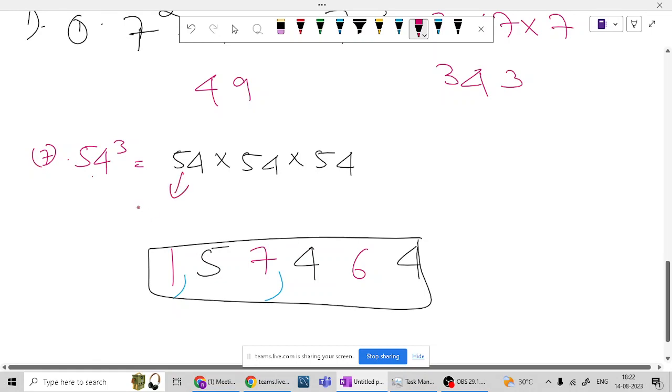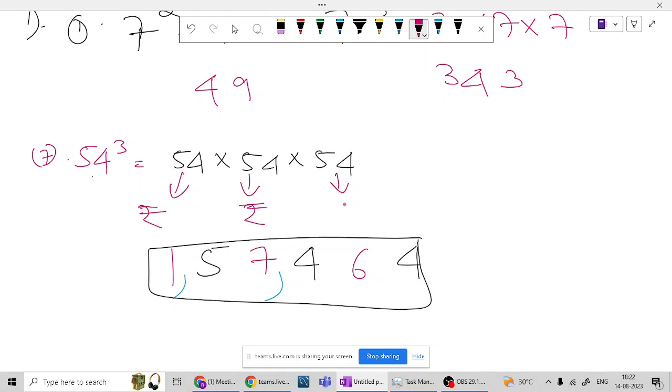Okay, practical application. Look here. You collect 54 rupees from how many members? 54 members. For how many days? 54 days.